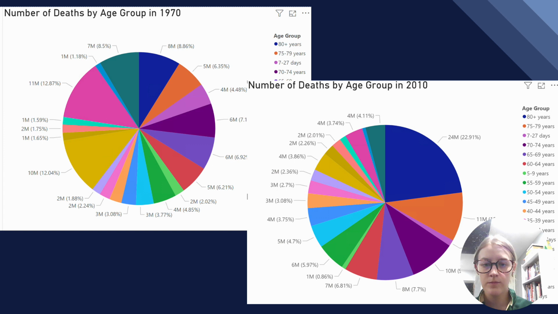This shows that within a short span of time, as a world, we were able to increase our technology and make medical advancements and increase our life expectancy as a population and increase the amount of people who are reaching those older years as compared to in the past when a lot of our younger population was dying.